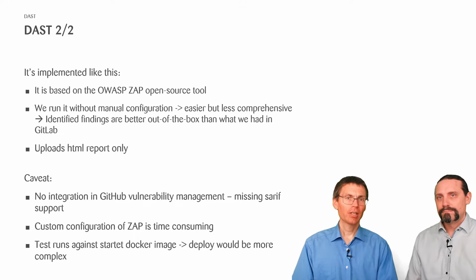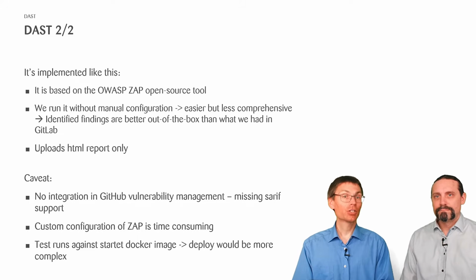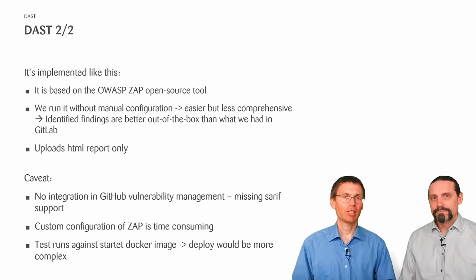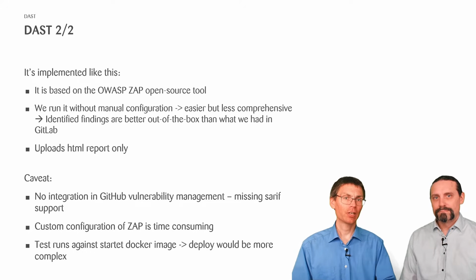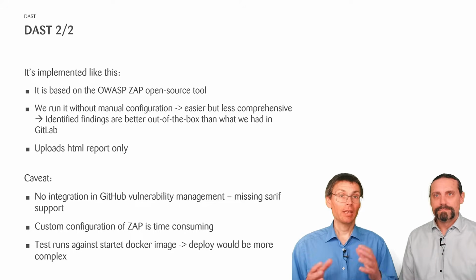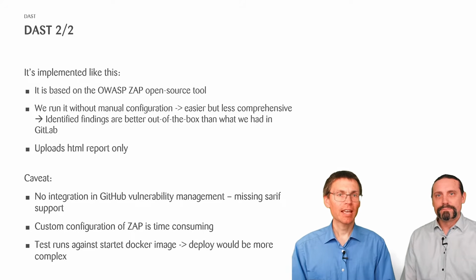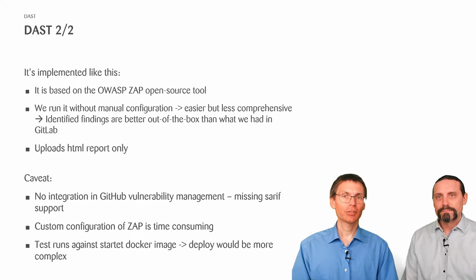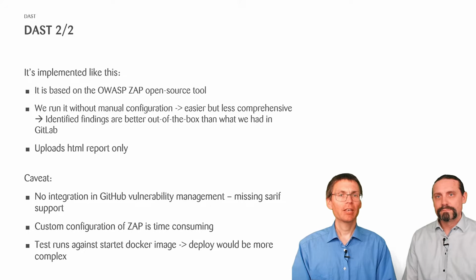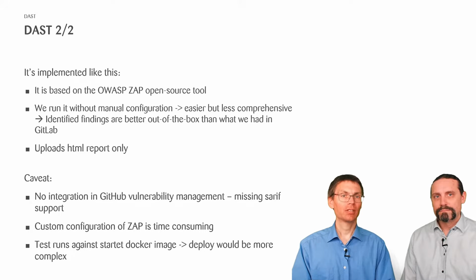As you can imagine, this means this is often not good enough for enterprise applications where you need to heavily invest into properly configuring your ZAP. In our case, however, the standard configuration provided more and better findings than what we witnessed on the other platform we investigated. At the end of a successful scan, we upload an HTML report containing all the findings to GitHub.